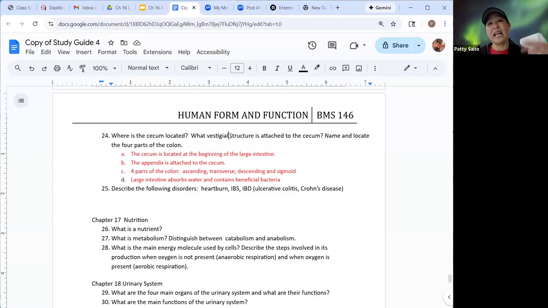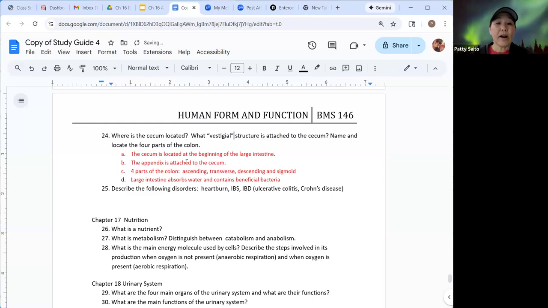It's just a kind of remnant of an evolutionary past. But it's actually believed to be, as I've mentioned, perhaps a lymphatic function. So there might be some white blood cells that are housed there. So this term vestigial, I'm going to put it in quotes here because that idea is changing a lot.